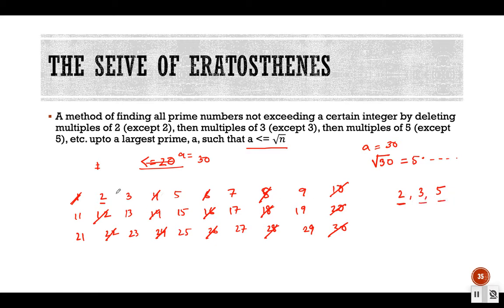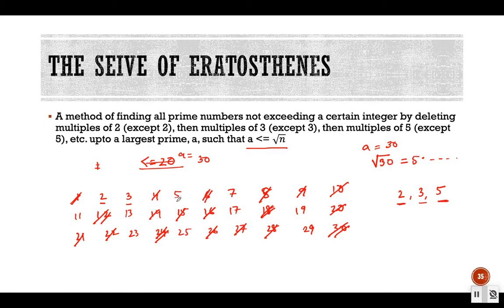Now we delete all the multiples of 3 except 3, as 3 is a prime number: 6, 9, 12, 15, 18, 21, 24, 27, 30. Then we consider 5.